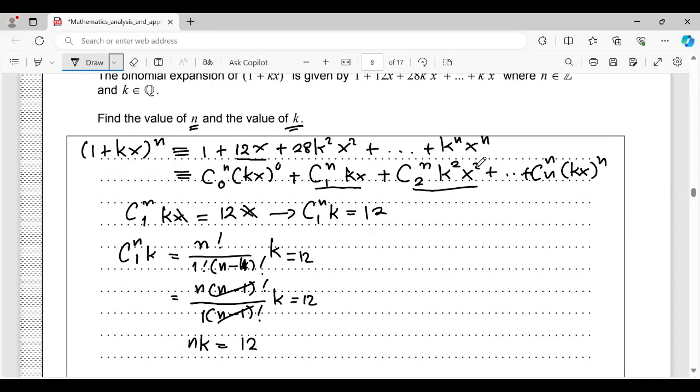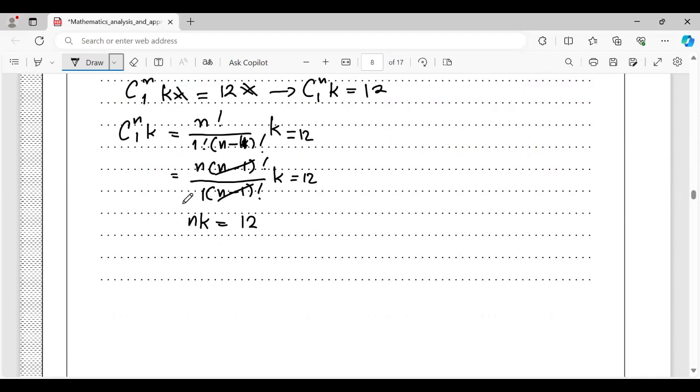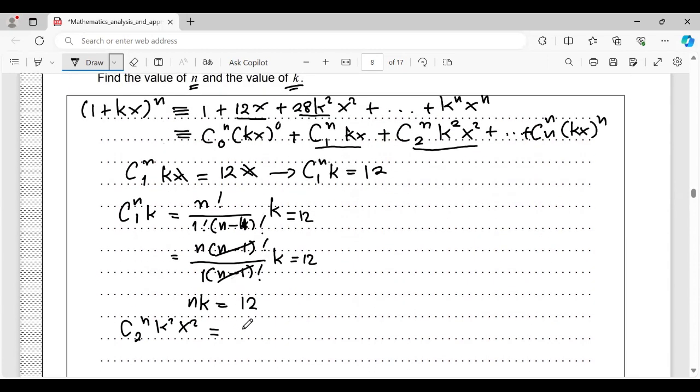And the second is this one. Combination 2 n k squared x squared equals 28 k squared x squared. Dividing, it becomes 1, so it means combination 2 n equals 28.